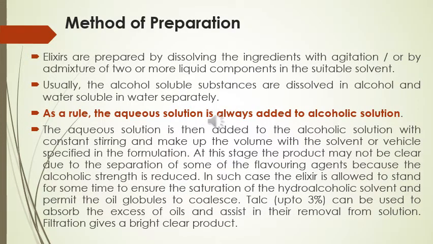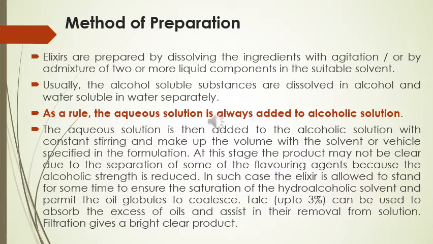Next we come to preparation of elixirs. Elixirs are prepared by dissolving the ingredients with simple agitation or by mixing two or more liquid components in a suitable solvent. Now generally we have two solvents, one is alcohol and the other is water. So the solutes or ingredients which are soluble in alcohol are added in alcohol, and the ingredients which are soluble in water are added in water.